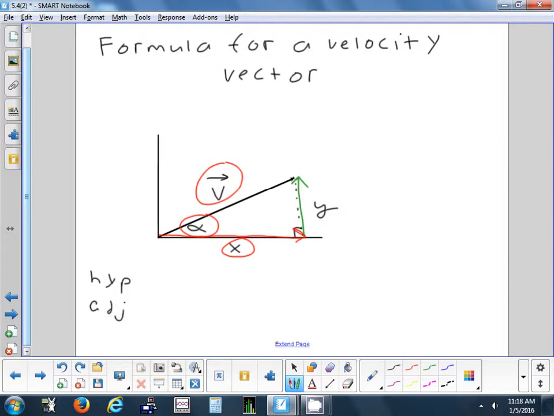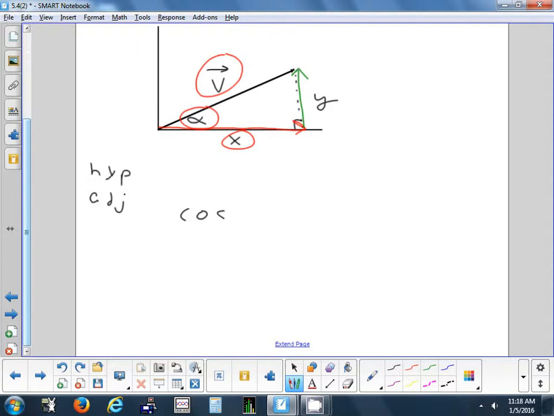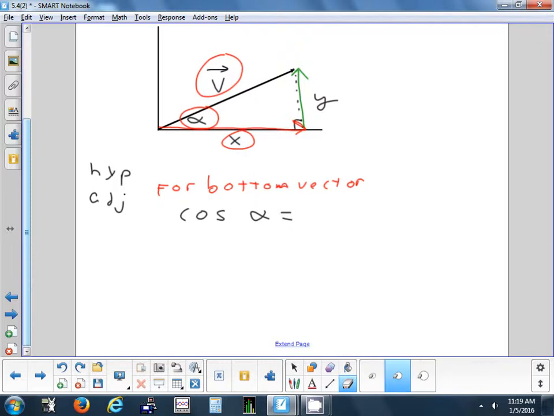So which trig function has hypotenuse and adjacent in it? Cosine. Okay, so I'm going to write that down, for the bottom vector, or horizontal, that'd be even better.